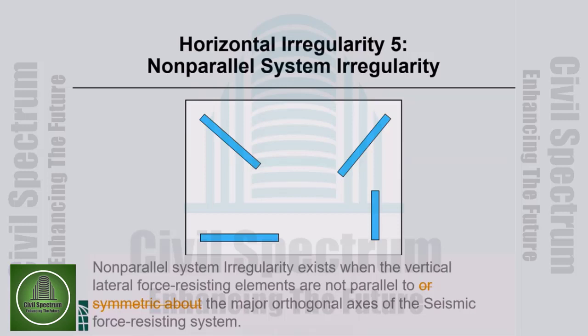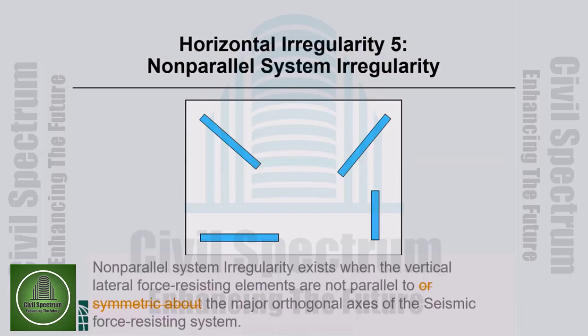Not parallel to makes a lot of sense. Not symmetric about does really not make any sense. And that was deleted from ASCE 7 a long time ago. Even in ASCE 7-05, it is gone. The symmetric about. So I would strongly urge you to forget about the symmetric part.